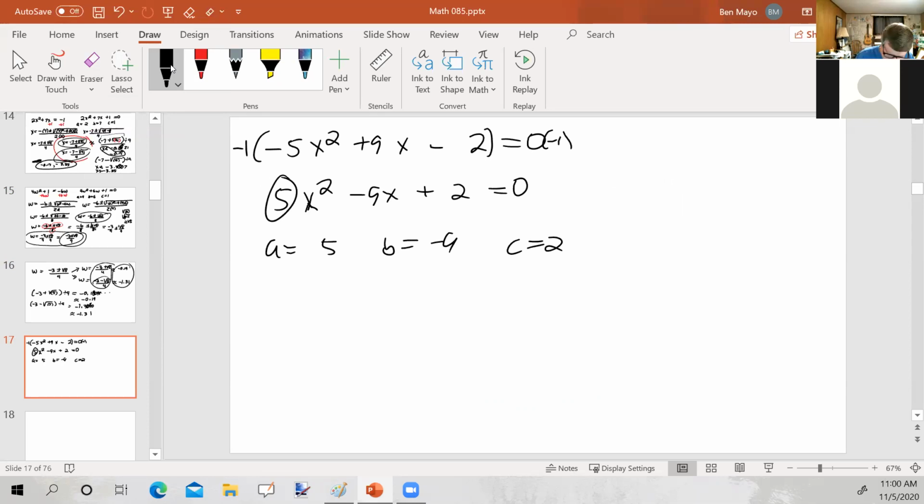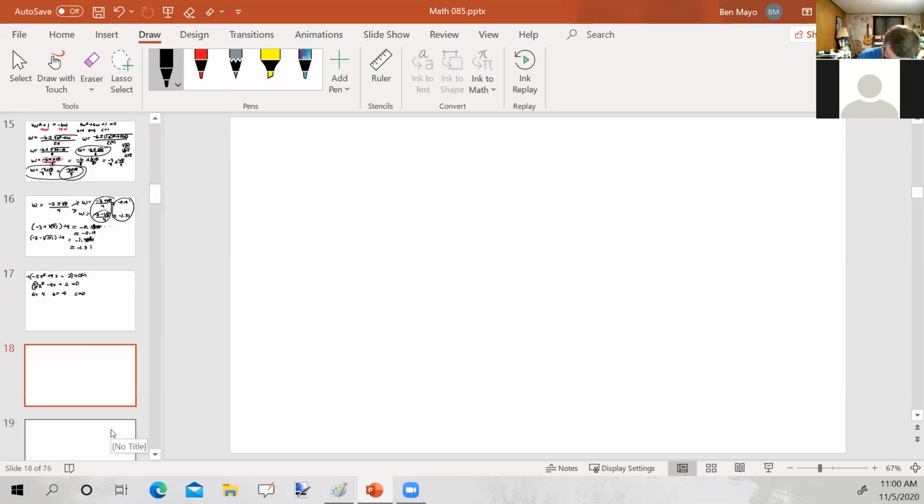Another example. Let's say you've got 1.6 t squared plus 2.4t minus 0.9 equals 0. Well, again, this is in standard form where A is 1.6, B is 2.4, and C is negative 0.9.